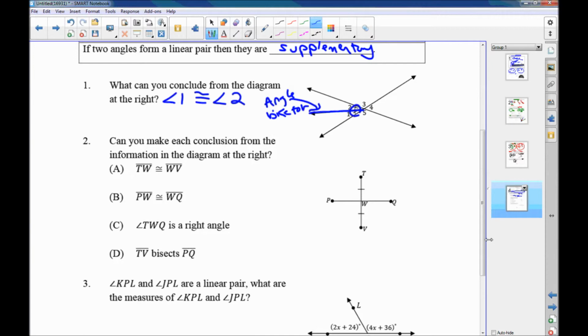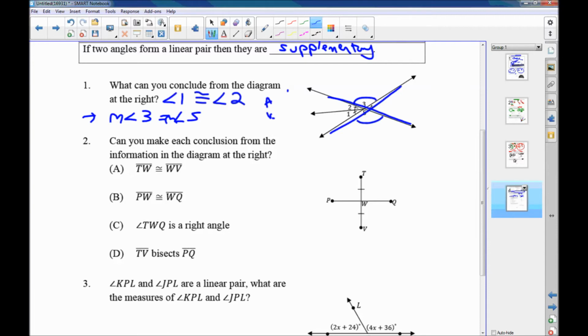I also know that the measure of angle 3 is equal to the measure of angle 5, and that's because they are vertical angles. Let's erase here so we can tell it better. Here's 3 and 5, and those are vertical angles.